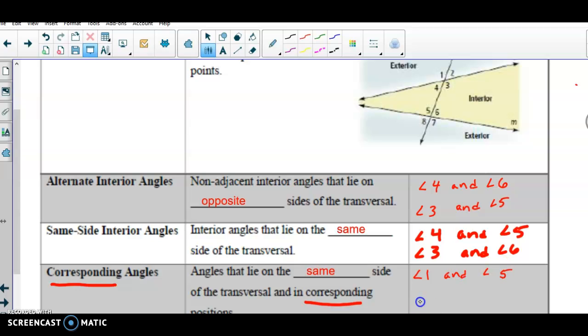Another example would be angle 4 and angle 8. They're on the same side of the transversal, but they're both below the two lines or the pieces of bread. There are 2 more combinations, angle 2 and angle 6, and the last pairing there would be angle 3 and angle 7.